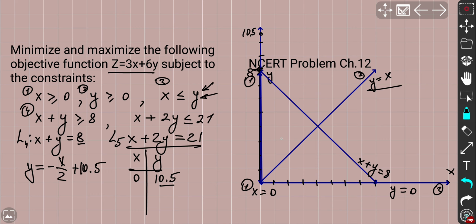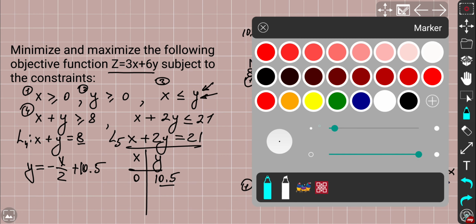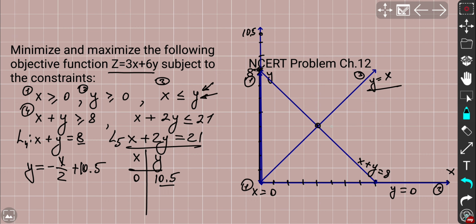Anyway, I'll need this as well as that corner point according to our method. So right now I'm just going to solve x equals y with the fifth equation, x plus 2y equals 21. I'm going to solve that simultaneously, with x equals y.